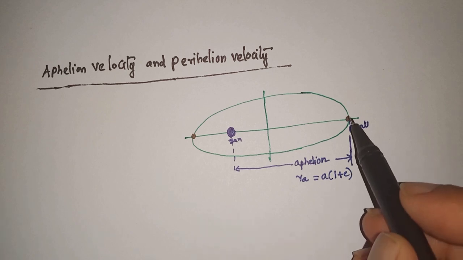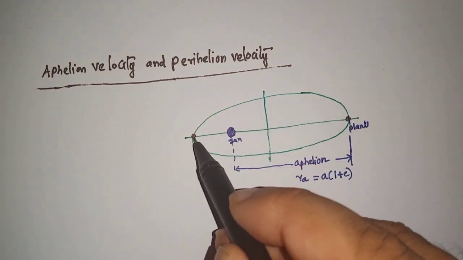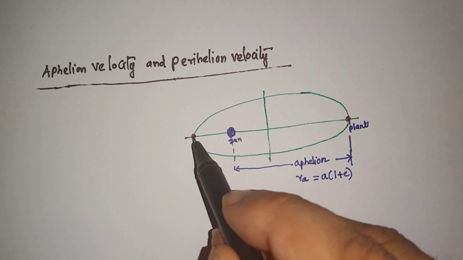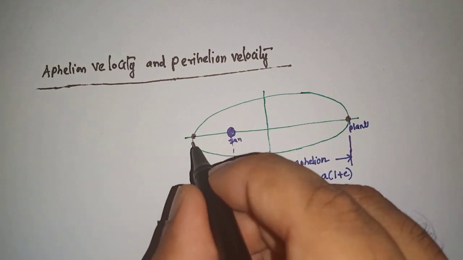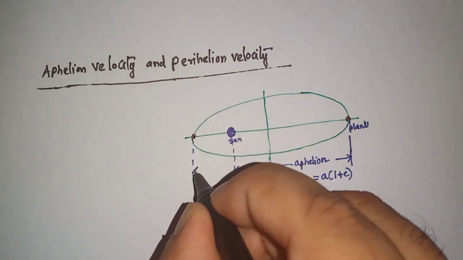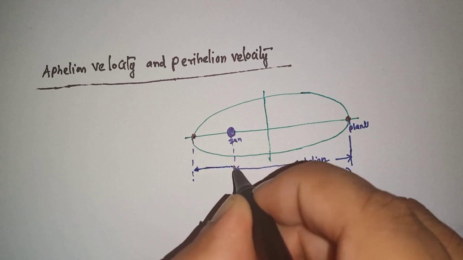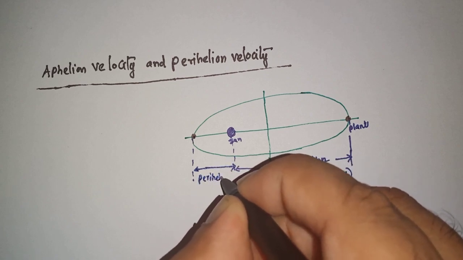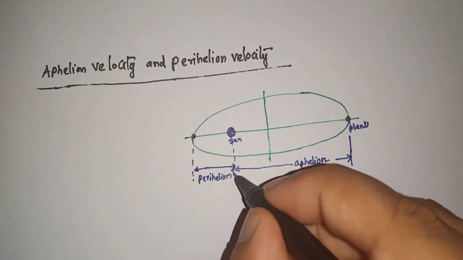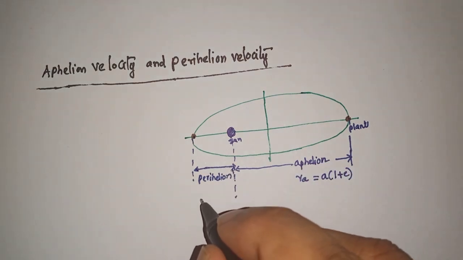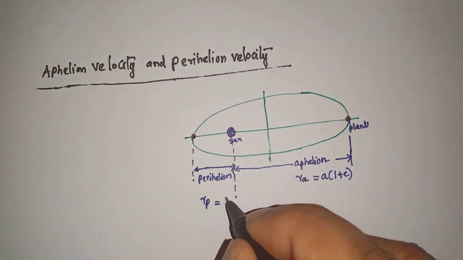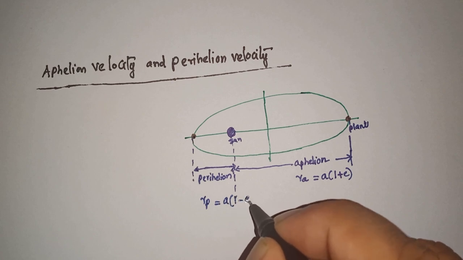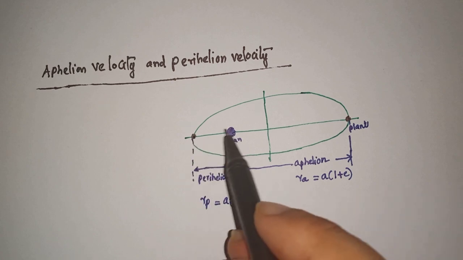Now let's say your planet is moving and moving and it is approaching this side, to this position. So this position we already know is going to be my perihelion, which is denoted by r of p, which is given by a into 1 minus e, because that is the shortest distance from Sun to the planet.